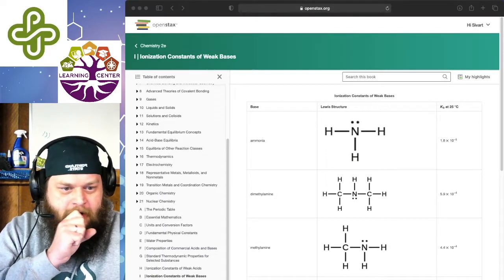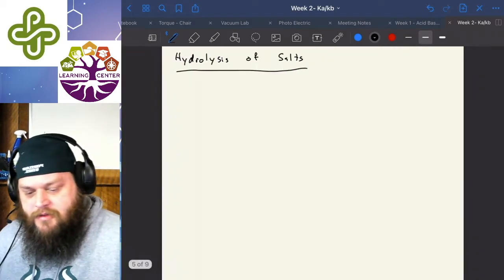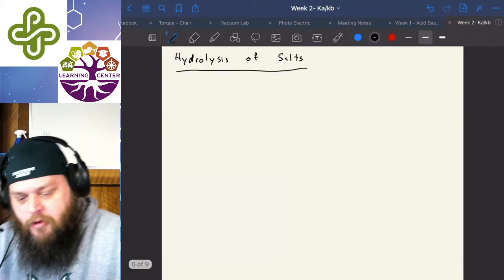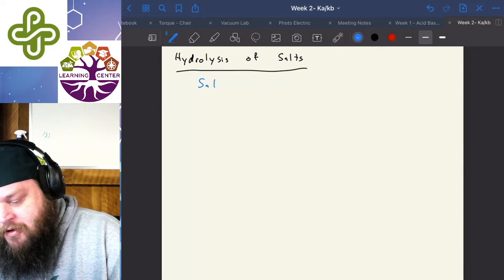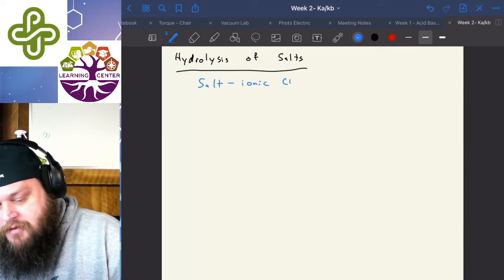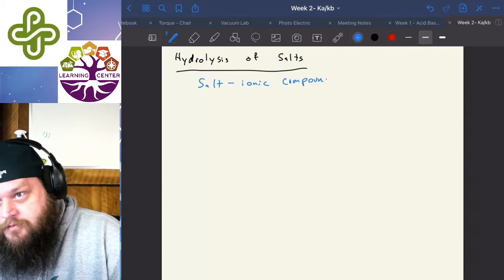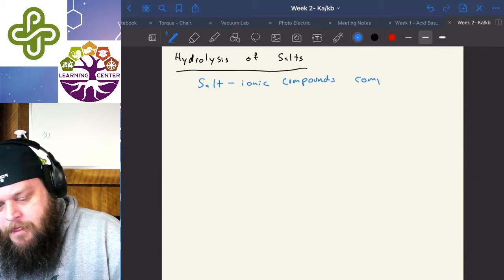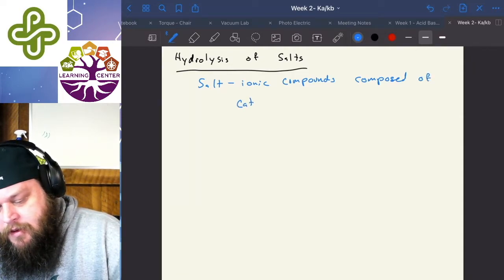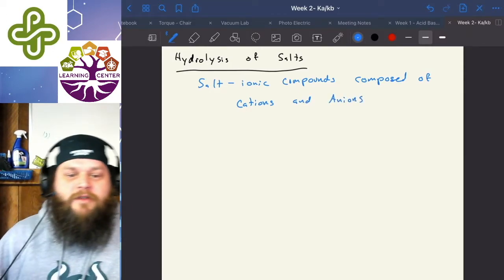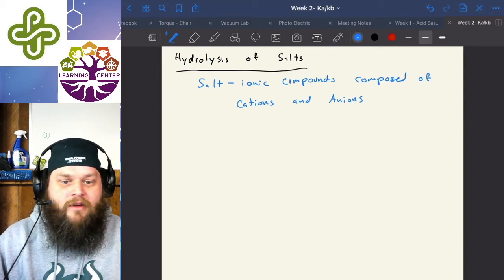But I digress. So, salts. Real quickly, salts are ionic compounds composed of cations and anions. So you hear about this a lot. Your basic table salt is basically sodium chloride.